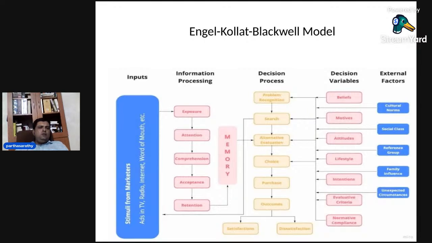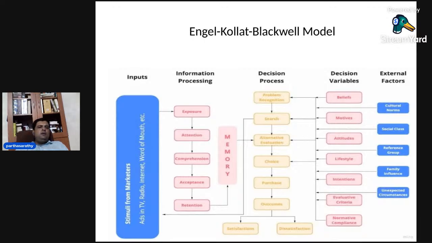If there is no stimulus, there is no response. Stimulus is a very important ingredient in this process. The stimulus has to create a response, then only it is useful.